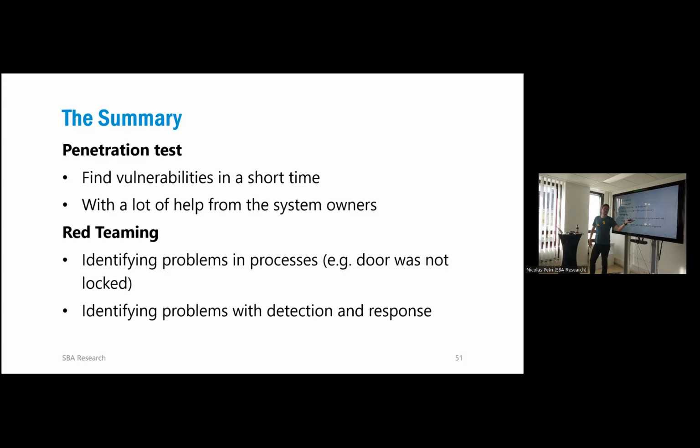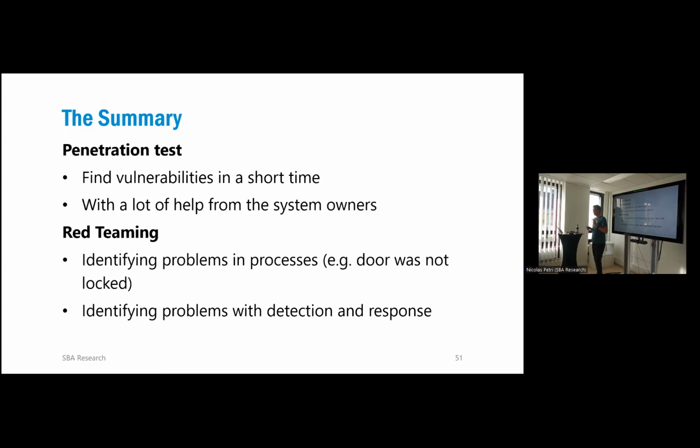Like we said, the door was not locked. This can never be identified in a pen test. This is something that was done wrongly. And about detection and response. So those three things, processes, detection, and response, are what red teaming focuses on. That is it from my side, but we are doing a little bit more about red teaming now.